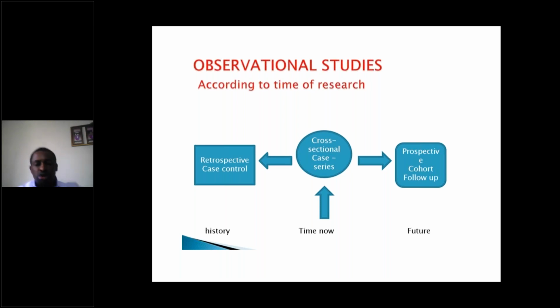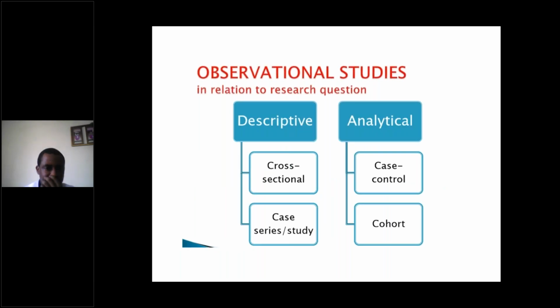You can do retrospective studies, studying the history, doing research or studying books and materials about disease conditions and patterns, and from that you can design something. Or you can do a cross-sectional case series, studying now, or a prospective cohort follow-up.